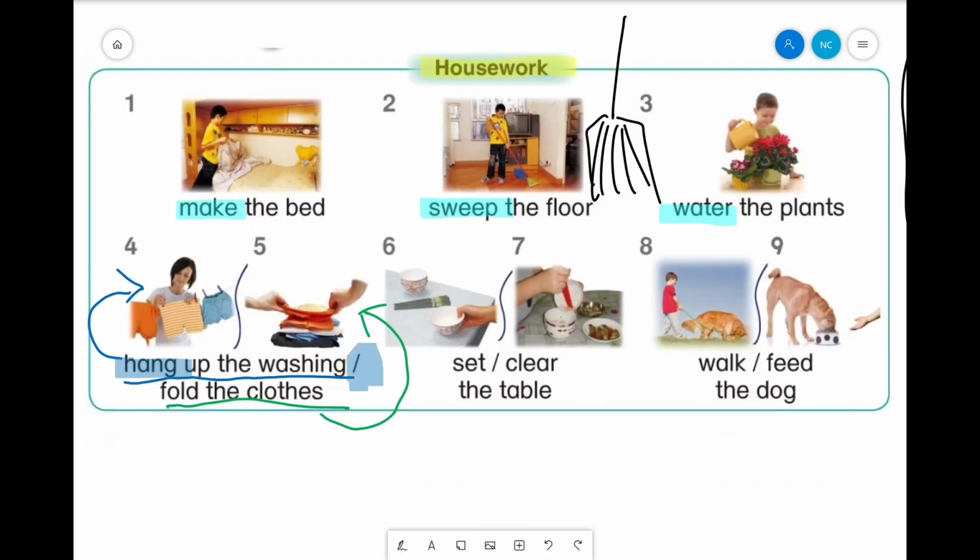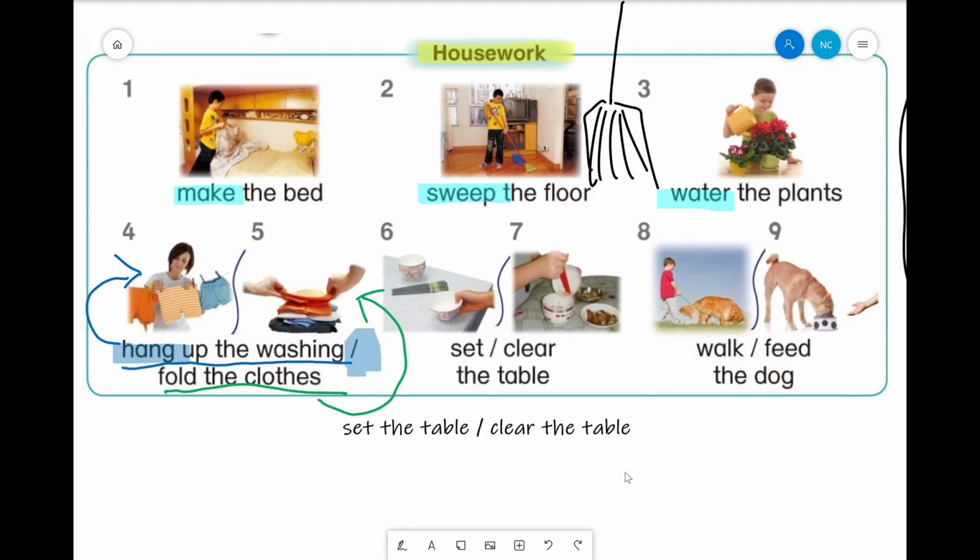Number 6 and number 7 is set or clear the table. There are two pictures here, but there's only one word in front of the slash. So which is the verb and which is the noun? When you say set or clear the table, you can also say it this way. To set the table or clear the table.